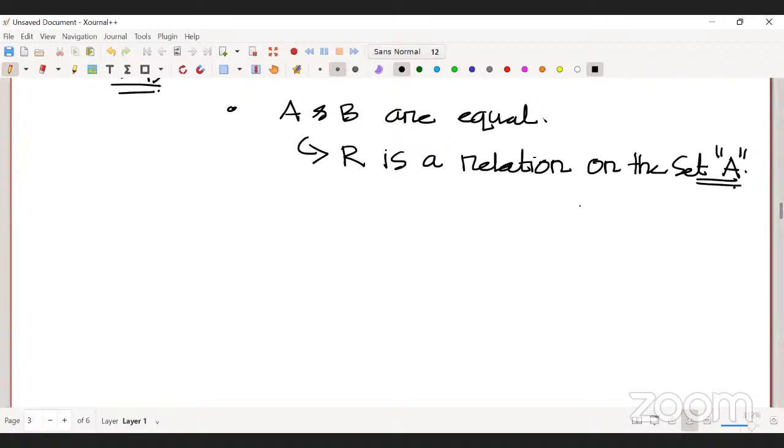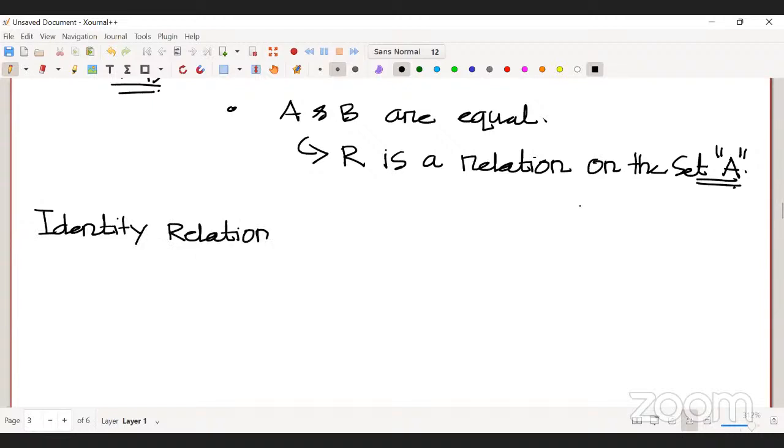So now I want to define the identity relation. Sir, can I say R is a relation on the set B in the same situation?